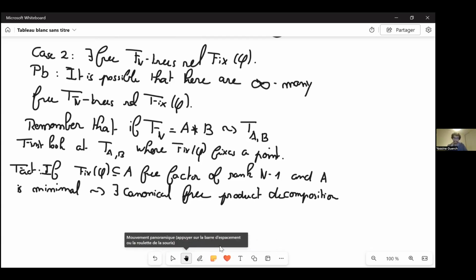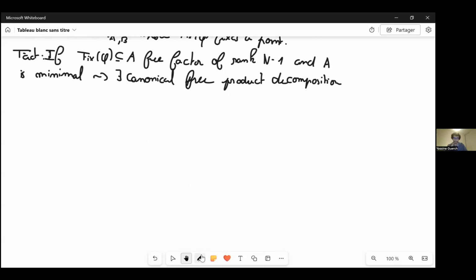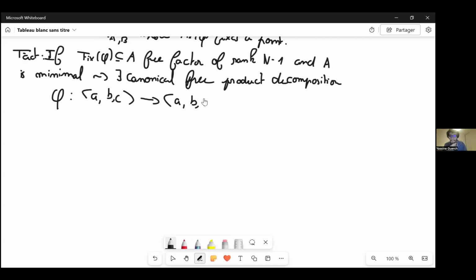So maybe I can give you an easy example. You look at the automorphism of the free group of rank 3 generated by a, b, and c, which sends a to a, b to b, and it sends c to b c b^-1.